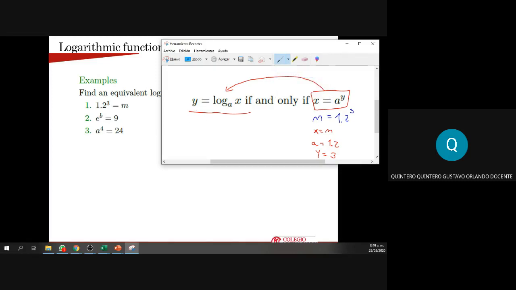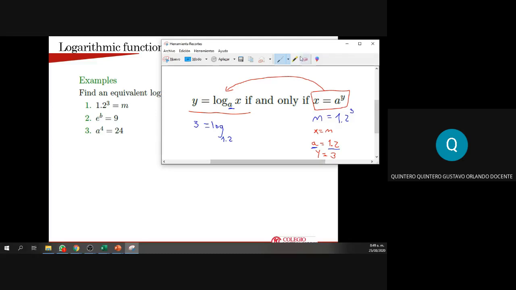So this is going to be my answer. Here, I have y equals something, and y equals 3. So I know I have a 3 over here because that is the value of y. Continuing with the expression, I have logarithm to the base a, and the value of a is 1.2, so this is logarithm to the base 1.2.